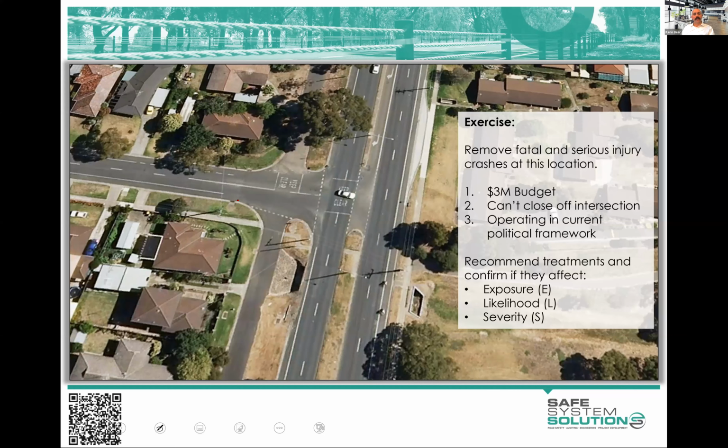So what I'm going to ask you to do is spend a little time having a think about that, and then write your ideas into the chat. And for each thing you're proposing, I want you to categorize it as affecting the exposure to crashes, or the likelihood of crashes, or the severity of crashes, or maybe a combination.